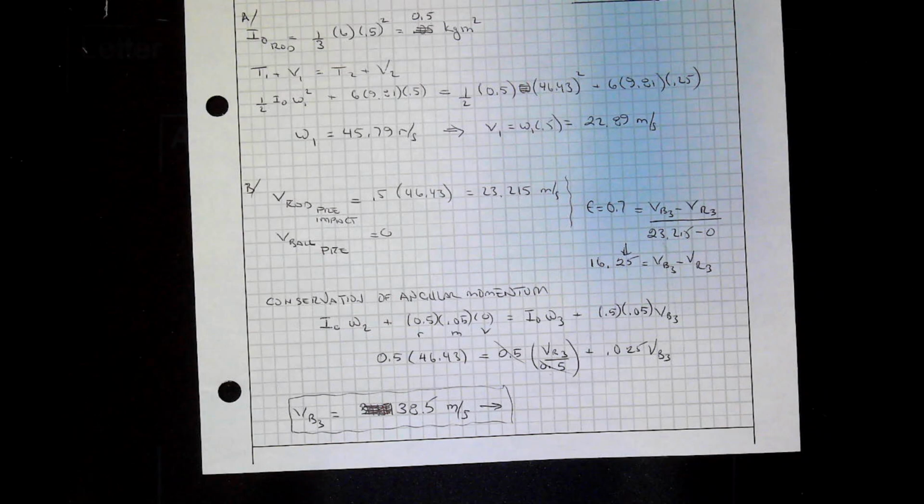And then by the same token, again, I have r cross mv, so r is 0.5, m is 0.05, velocity of the ball is to be determined. So there we go. So I get an equation here. I have an equation here. Solve. And we wind up with the ball post-impact, 38.5 meters per second. And we'll have another problem here in just a moment.